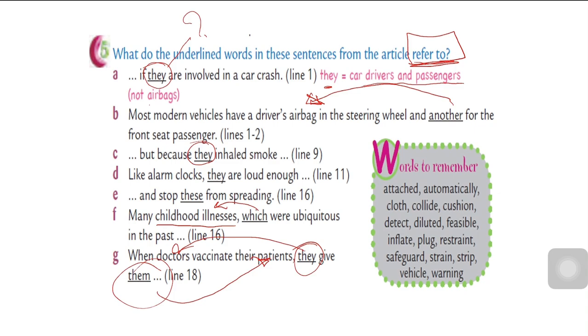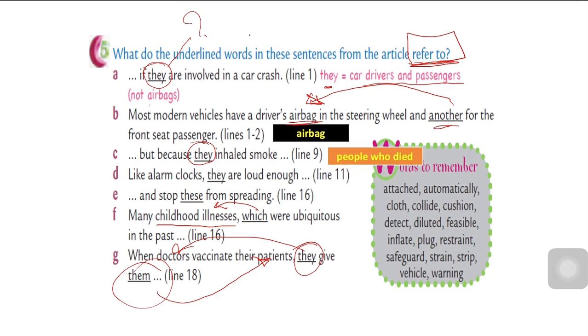Now we're going to do the same with the rest of the sentences, so we have more examples. Most vehicles have a driver's airbag in the steering wheel, and another what? Yes, very good, as you have guessed, another airbag. Next, C: because they inhaled. Who inhaled? Very good, people who died.